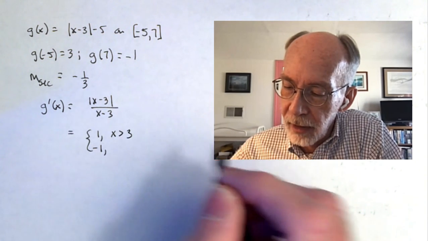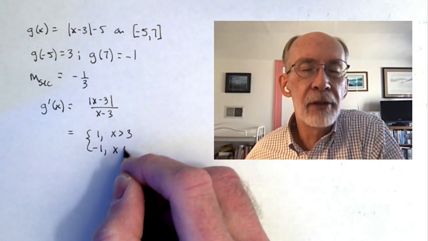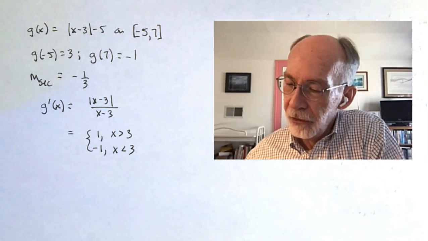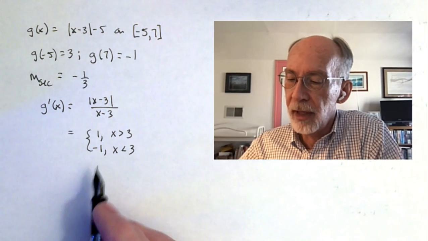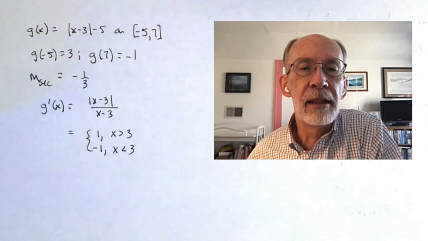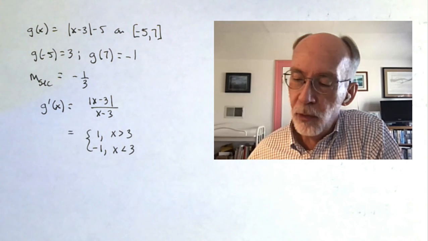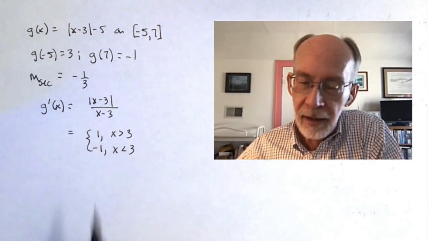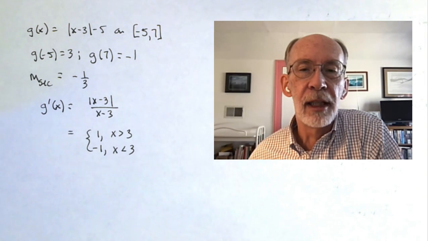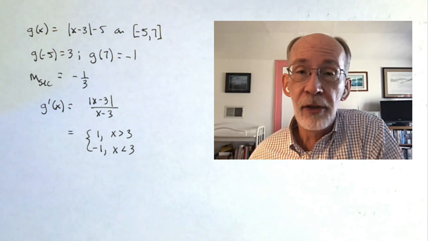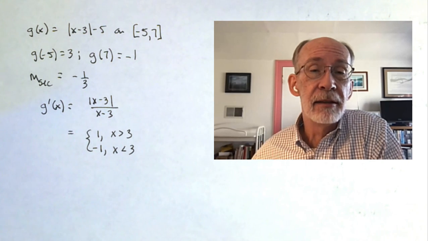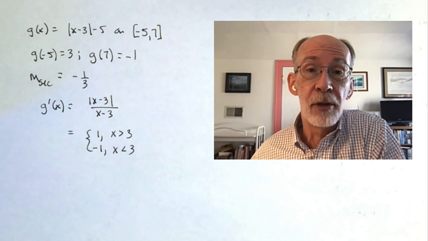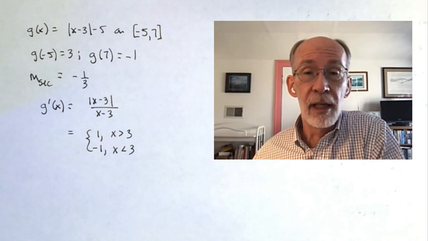It is -1 for x less than 3. And so if we try to set g prime equal to the slope of the secant, we are in deep weeds because this is only ever 1 or -1. Neither of those, of course, is equal to -1/3. So in this case, we don't even get a parallel tangent to the secant outside the interval in question. We don't get one ever.